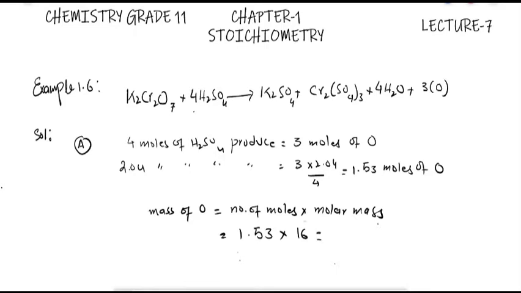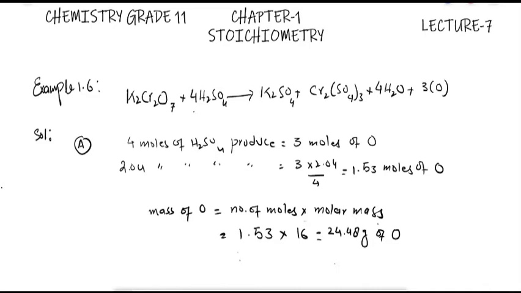So 16 into 1.53 is equal to 24.48 or 24.5 grams of atomic oxygen. And this is the amount of oxygen that will be produced as a result of the reaction between 2.04 moles of sulfuric acid with an excess of potassium dichromate.